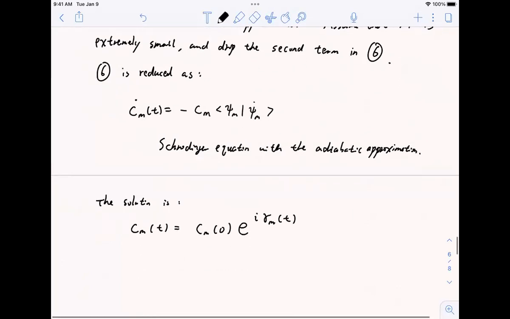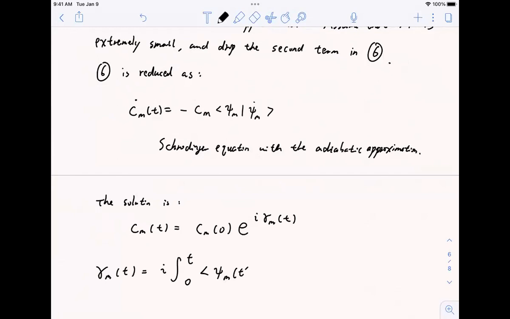So what is gamma? Gamma equal to i, integral of t prime, and then delta t.